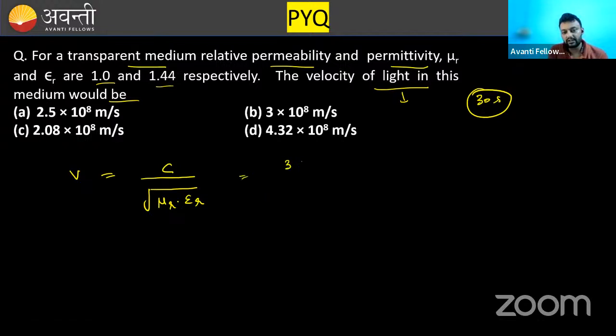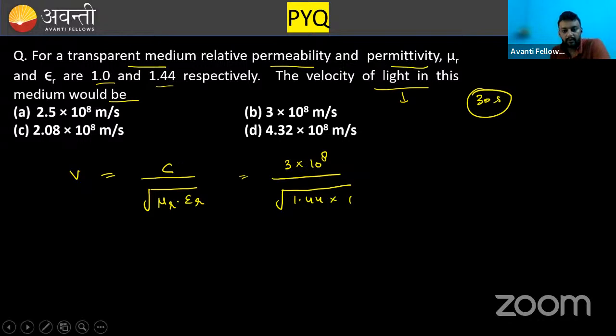c is what? 3 into 10 raised to the power 8, divided by root of mu r, which is given as 1.44 into 1. Veena is saying option A. Okay, let's check it. This 1.44, if I take the root, it will be 1.2 now.